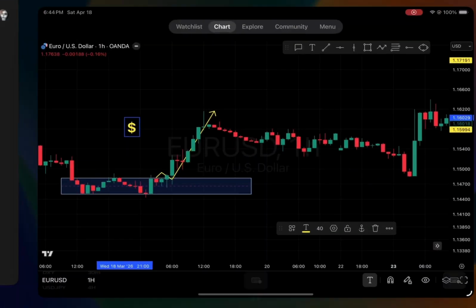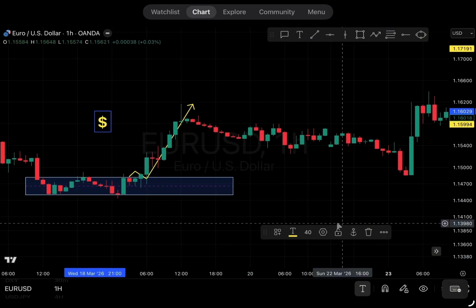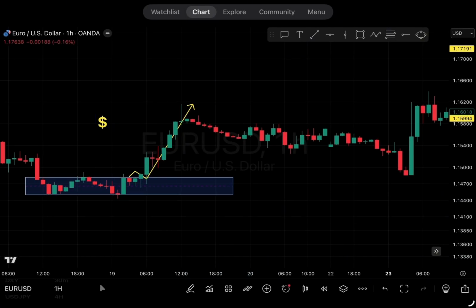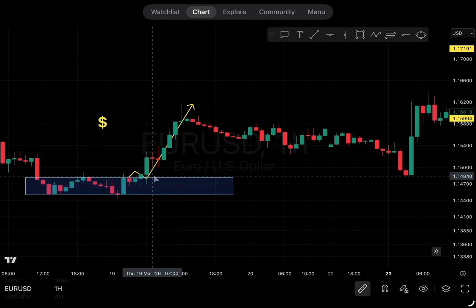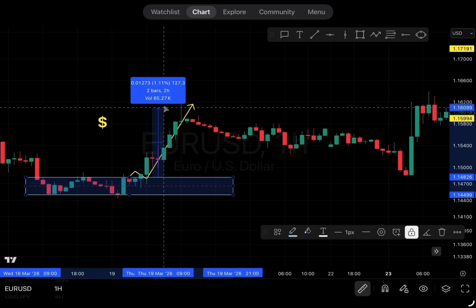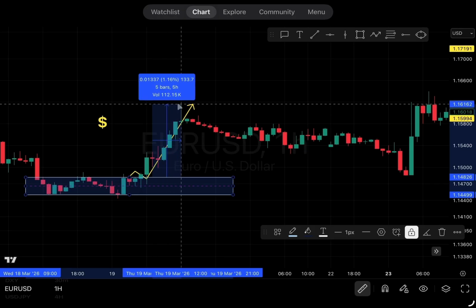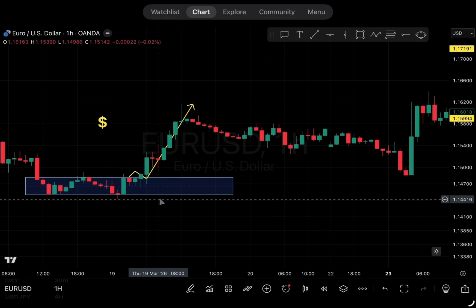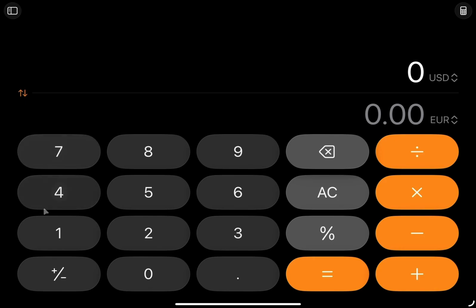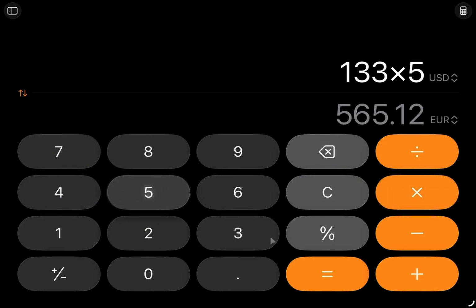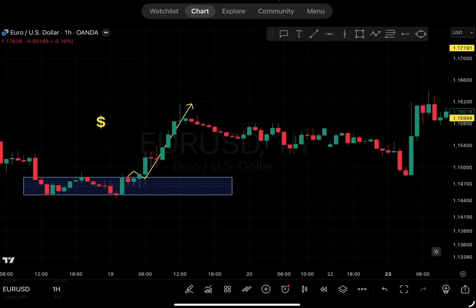So let's check again because I already forgot, but thankfully the ruler can always remind me, the measurement tool. From here, from breakout point to here, it was 133 pips. So 133 times 5 equals 665 USD.